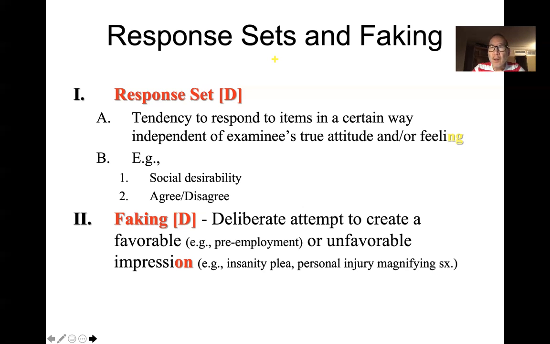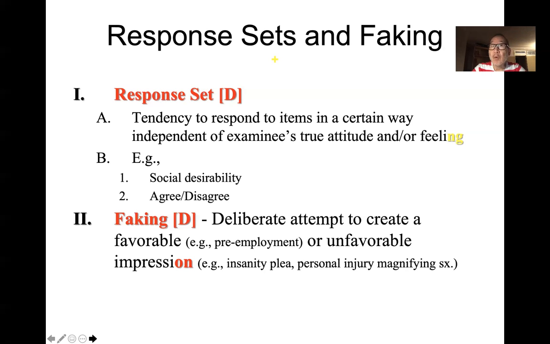It may be to present a favorable presentation, like one is adjusted, one is emotionally stable. And this might be particularly important, as mentioned earlier, in pre-employment screening, either for hiring or for promotion, and so on.